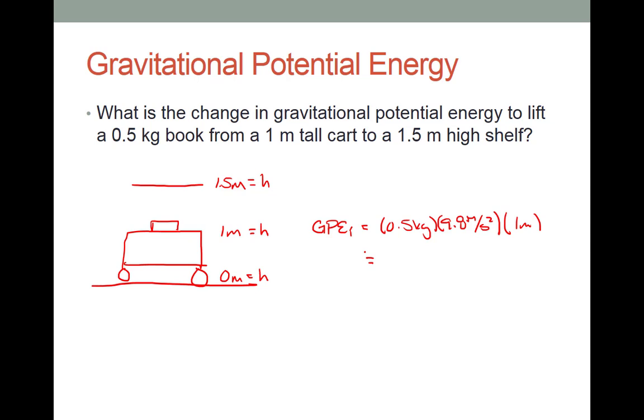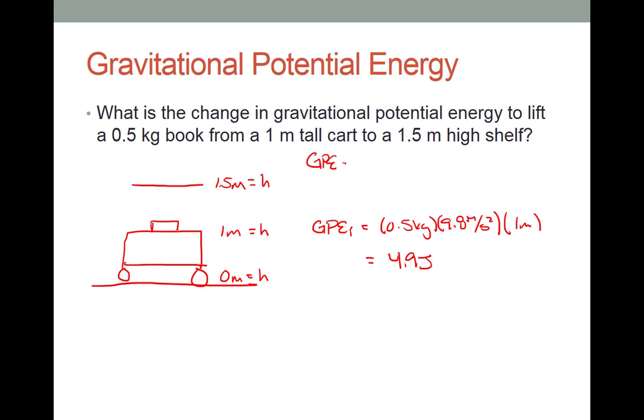And if you put all of that into a calculator, 0.5 times 9.8 times 1, I'm having calculator errors. There we go. You get that this is 4.9 joules of initial gravitational potential energy.